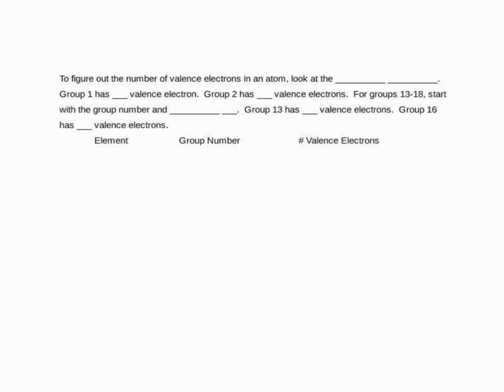So, if we're going to understand what valence electrons are telling us, we need to know how many they have. To figure out the number of valence electrons in an atom, we're going to look at the group number. These are the numbers along the top of your periodic table.